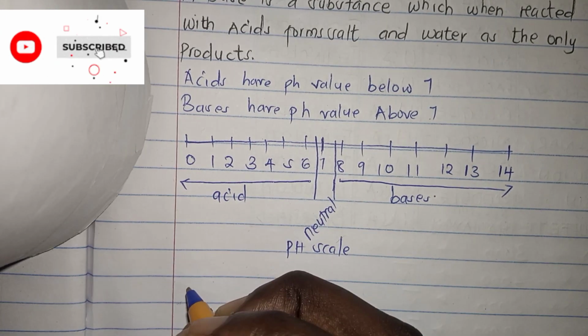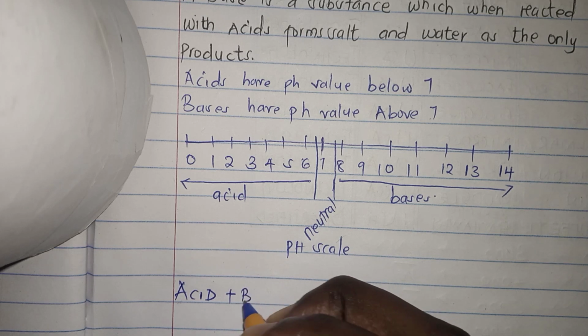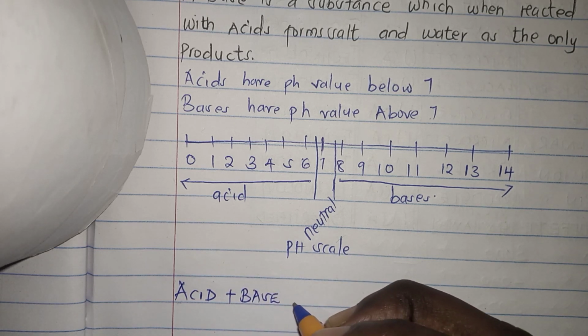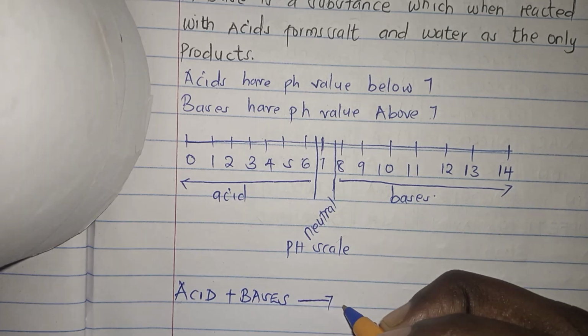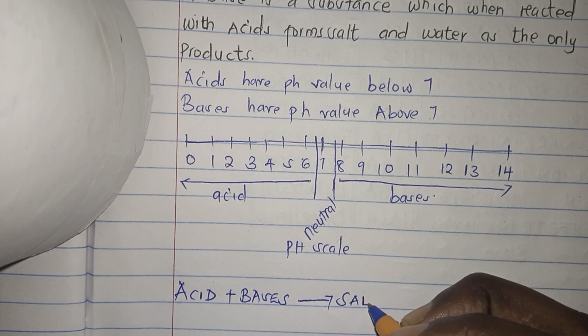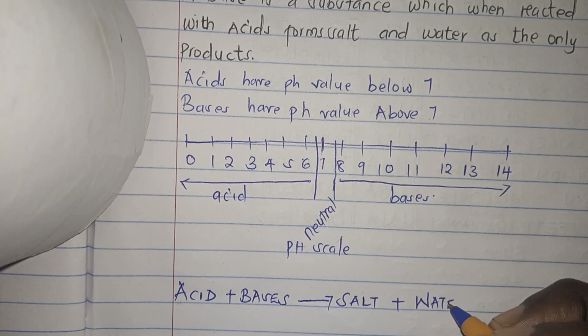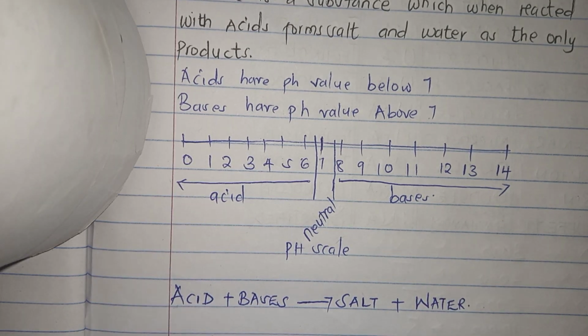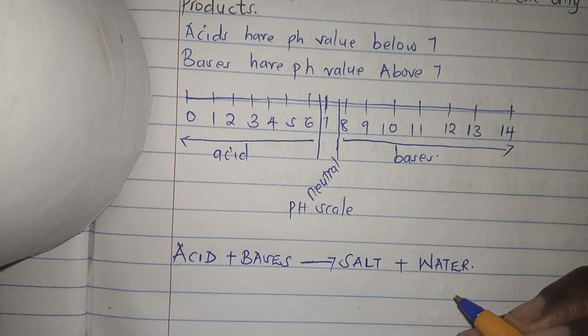So acid plus base, they form salt plus water as the only product. So this process is referred to as the neutralization process or neutralization reaction.